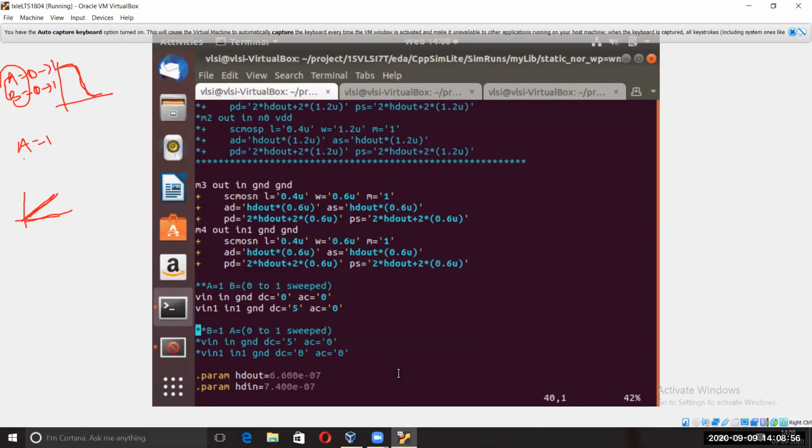Again, A is constant at VDD and B sweeps from 0 to VDD, and one plot came that is different from this one. Again, B is equal to 1 and A goes from 0 to 1, and that came somehow shifted over.